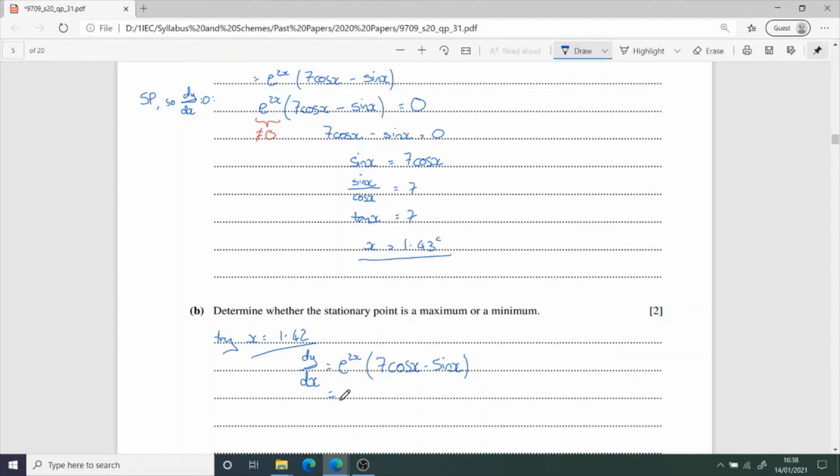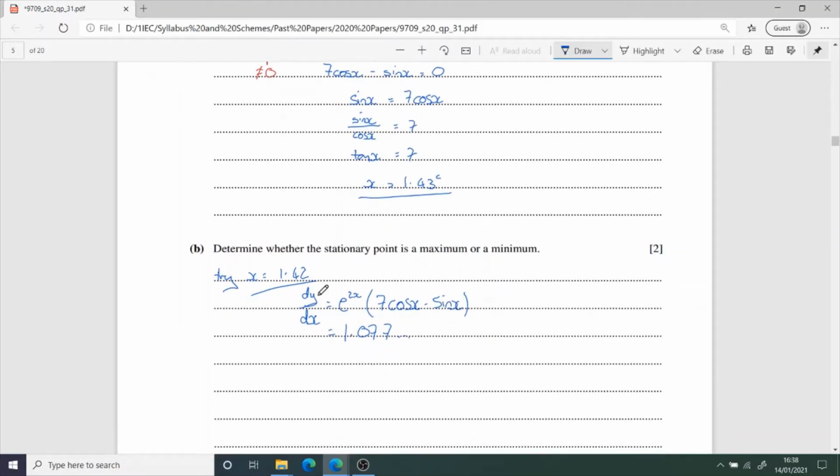So let's have a go at that. E to the power of 2 times 1.42, brackets 7 cos 1.42 minus sine 1.42, and I get 1.077.